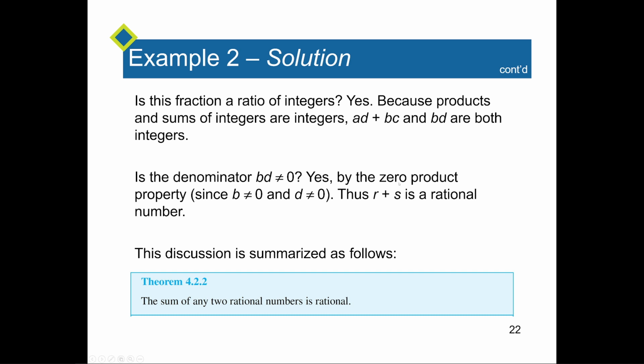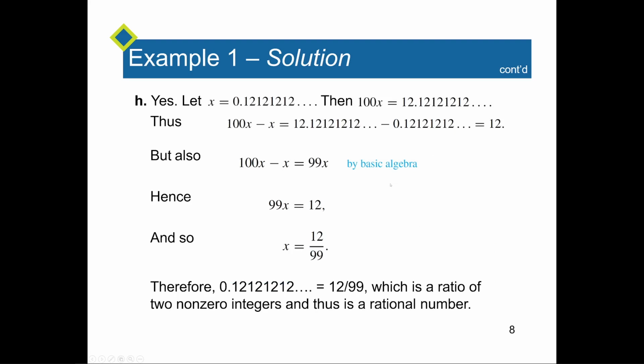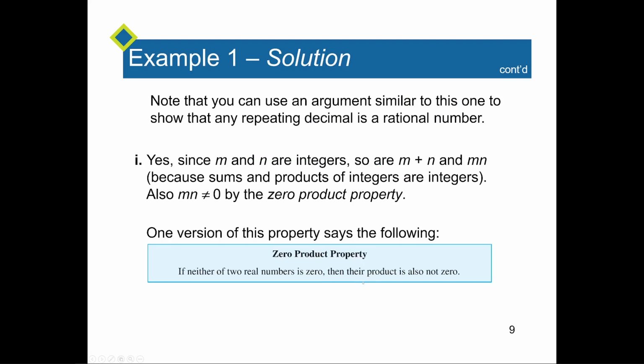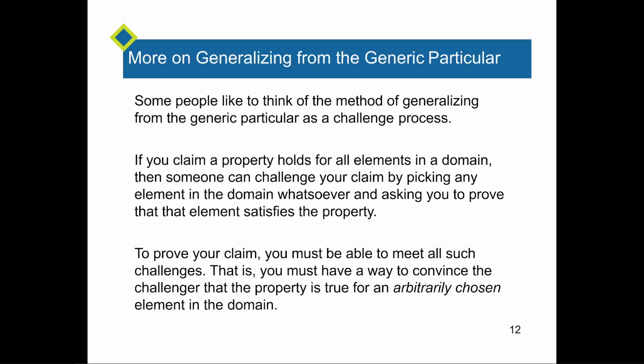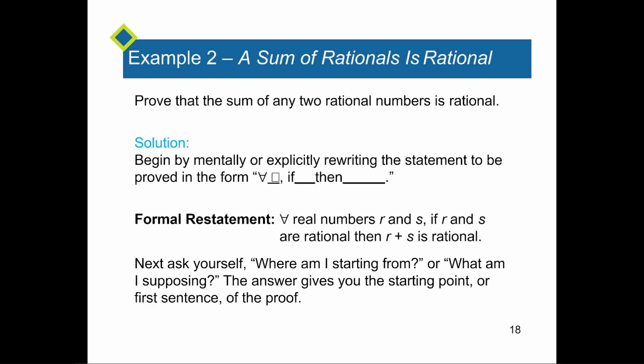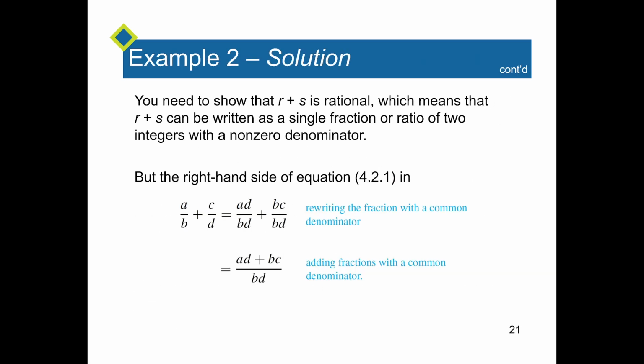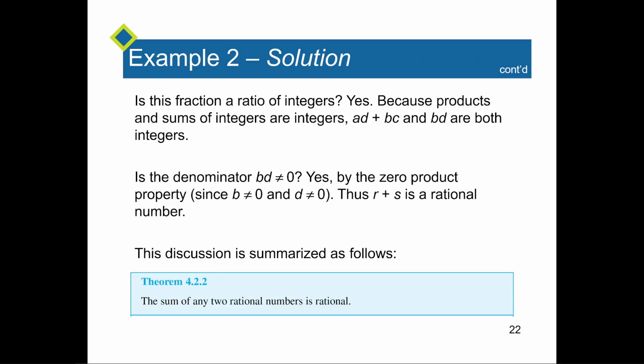By the zero product property, which is why I said that piece of information on slide 9, I believe it was, this here, is very, very important. It will come back in almost all of the proofs in this section. Almost all. Yes, by the zero product property, and thus r plus s is a rational number.